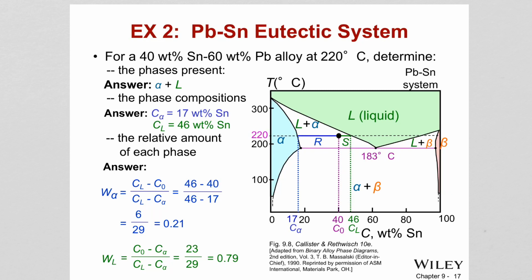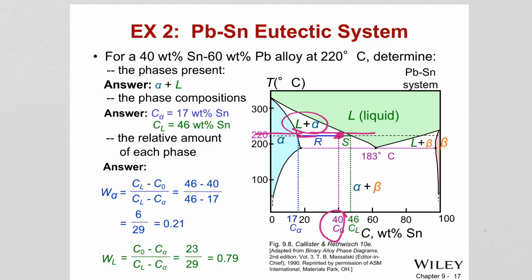Okay, so another example here. We have still a 40% tin alloy. So again, our original composition is 40%. This time the temperature is changed. The temperature is 220. So that means I have liquid and alpha in equilibrium. So what is the composition of liquid and what is the composition of alpha?